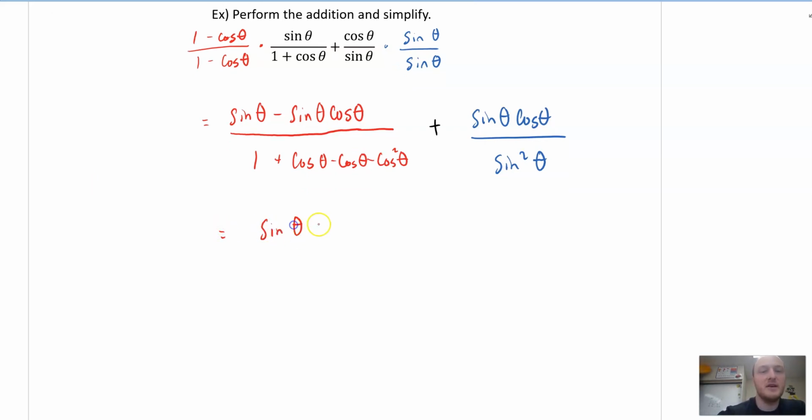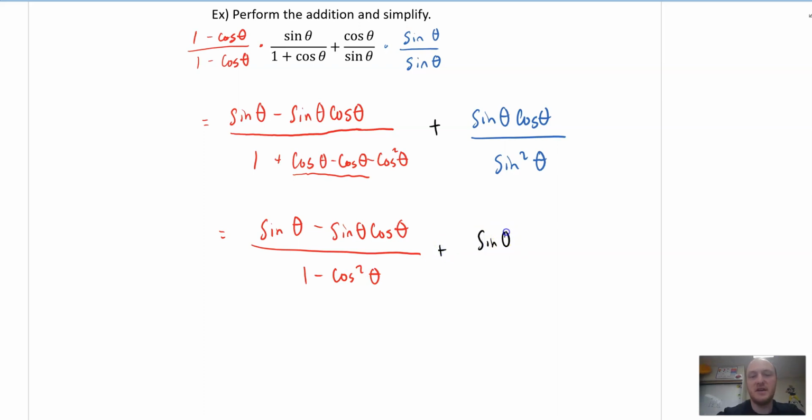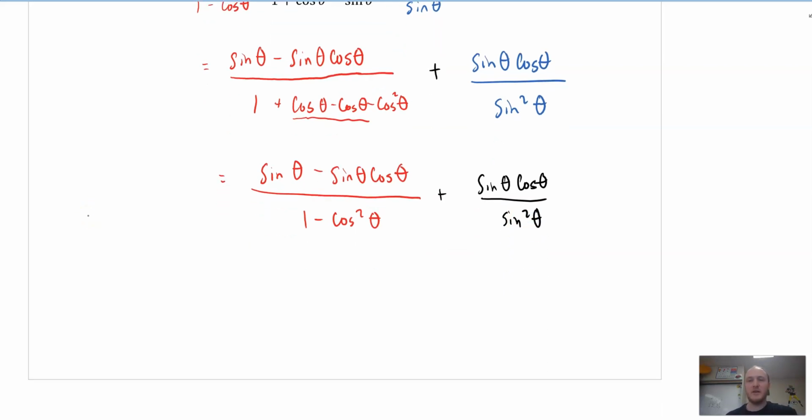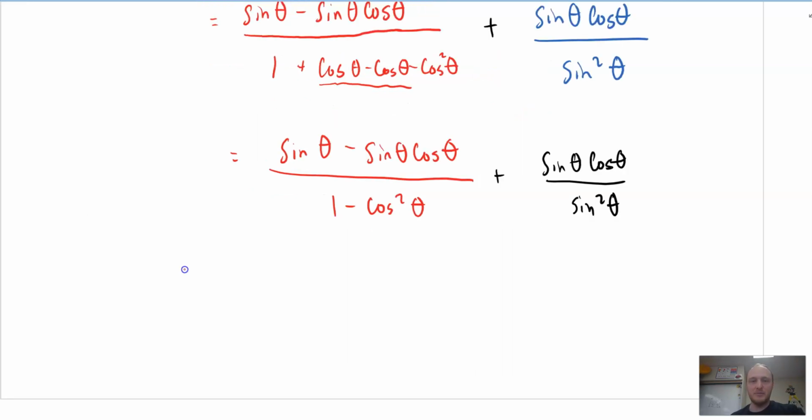Now we'll simplify some stuff. So again, sine theta minus sine theta cosine theta. And in the denominator, my middle two terms here cancel. So we get 1 minus cosine squared theta, plus sine theta cosine theta over sine squared theta. And now what I hope you see is a Pythagorean identity: 1 minus cosine squared theta, and we've done this multiple times in this lesson.